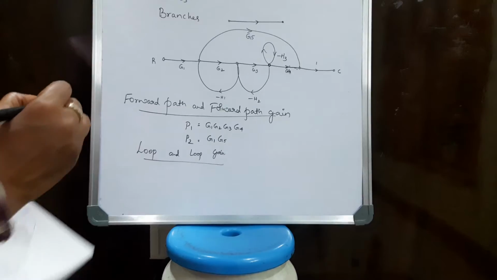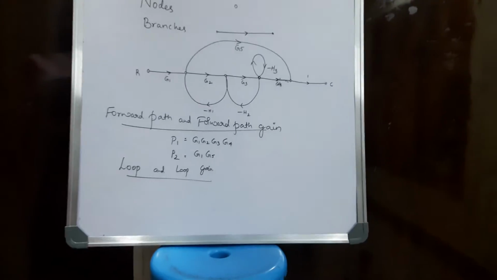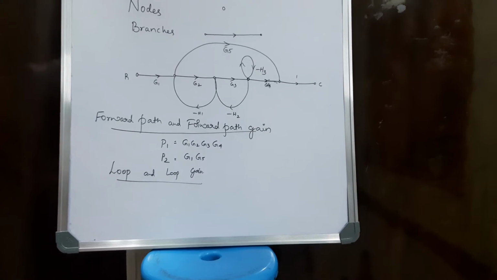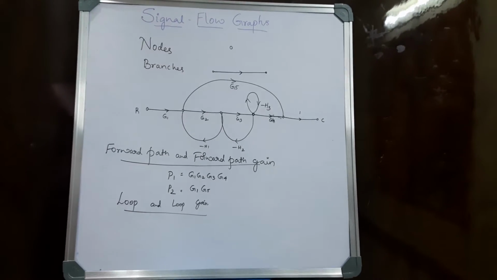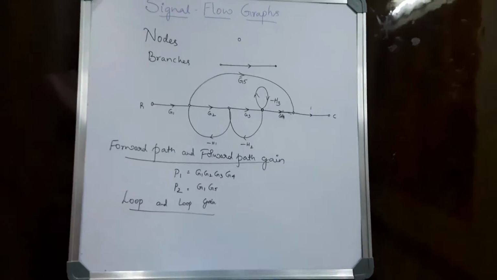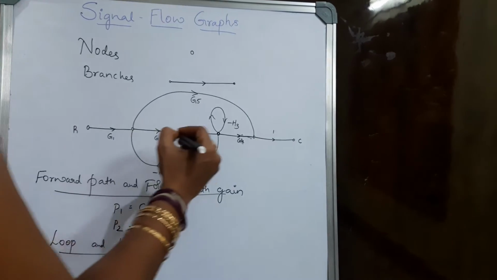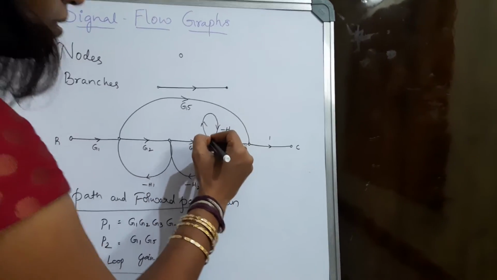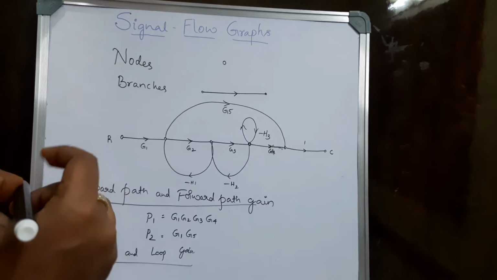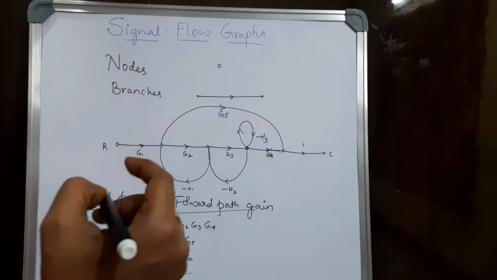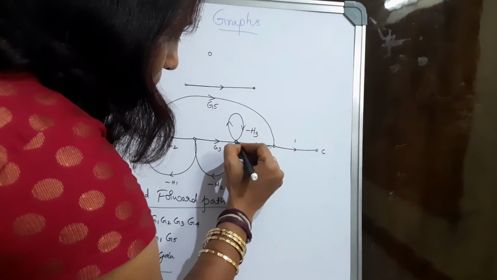A loop is a path in a signal flow graph that begins and ends at the same node without entering any node more than once and following the direction of the signal. So how do we identify a loop? By definition, a loop is a path in a signal flow graph that begins and ends at the same node. So I consider this as a particular node.